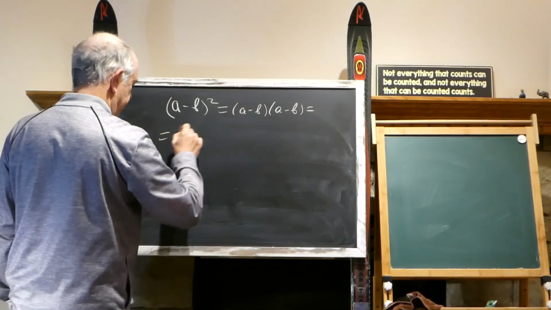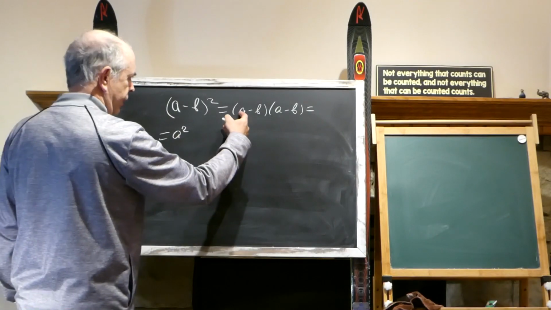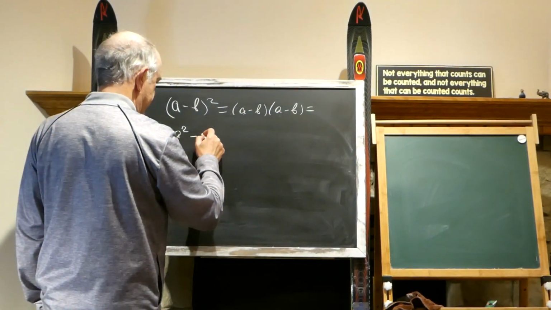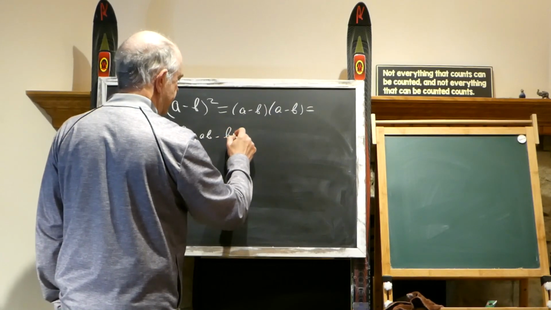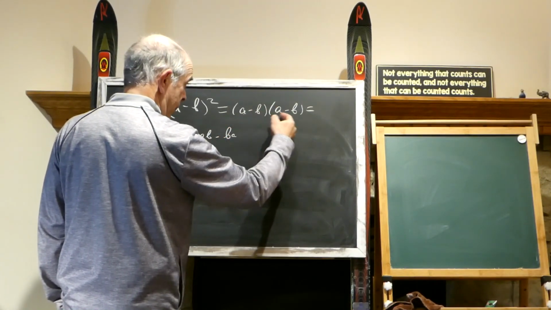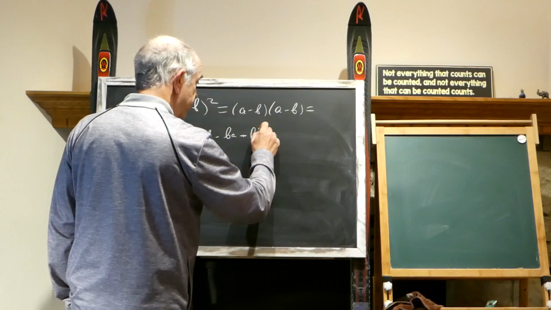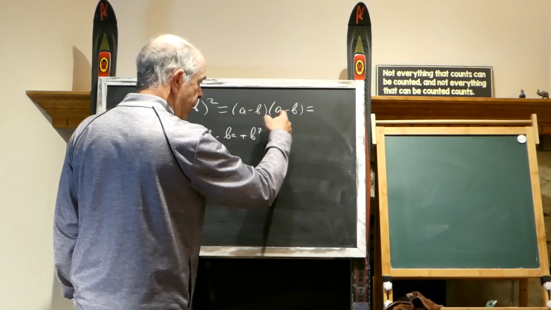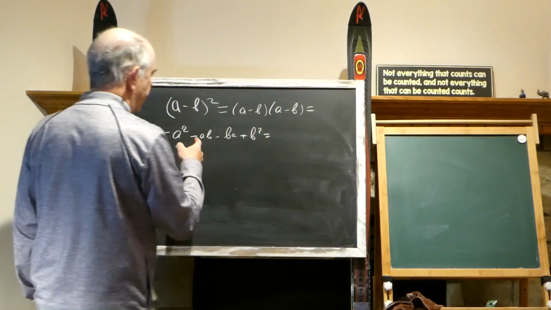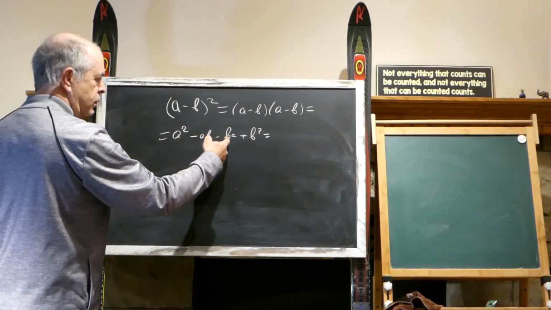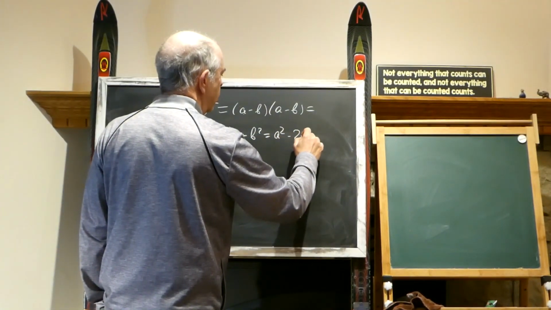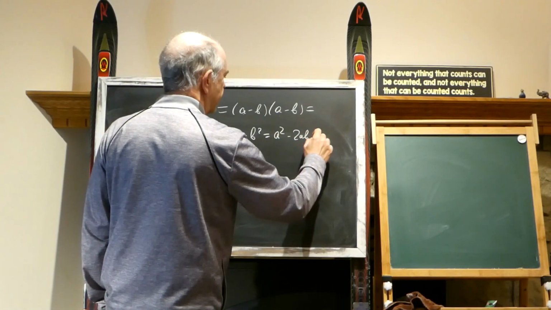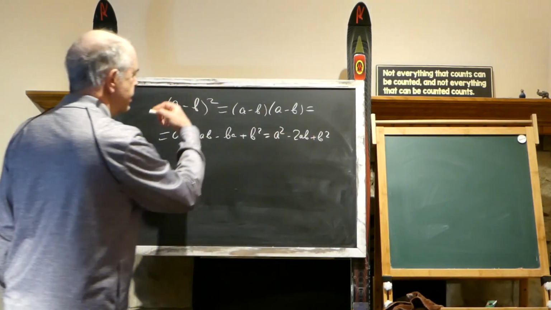We say a multiplied by a is a squared, a multiplied by minus b is minus ab, minus b multiplied by a is minus ba, minus b by minus b is plus. So minus by minus becomes plus. Okay, 2 apples, because it's 1 apple and another apple, only in this case the sign is minus. So a squared minus 2ab plus b squared.